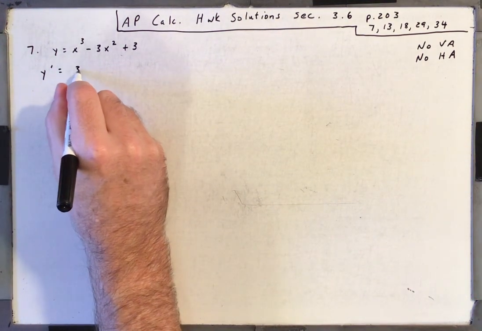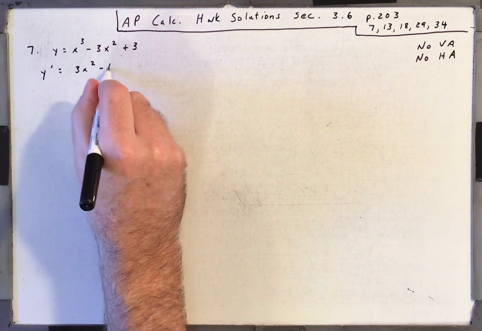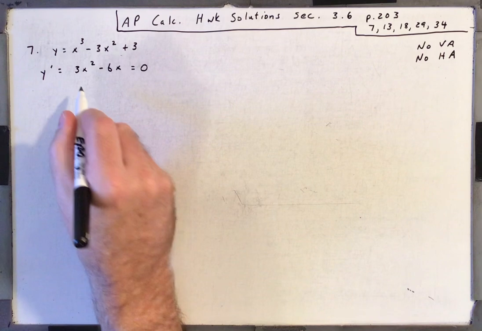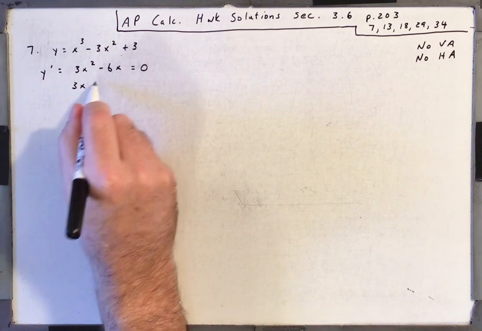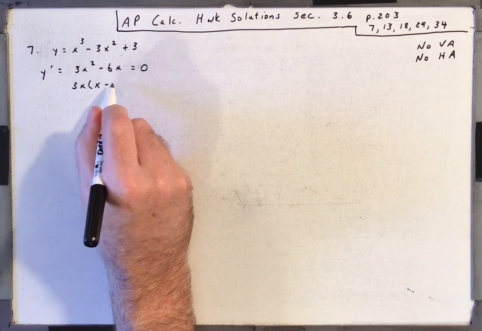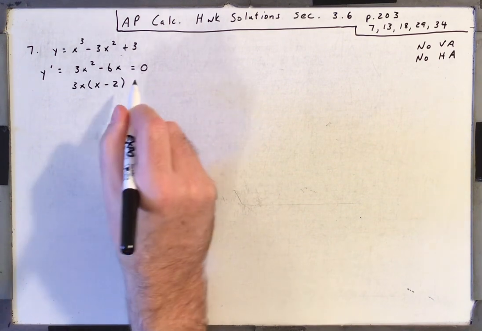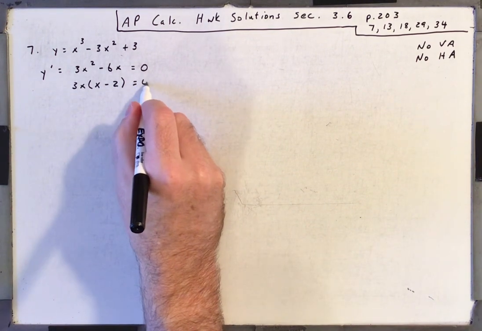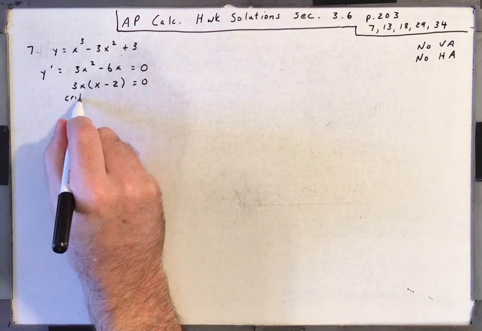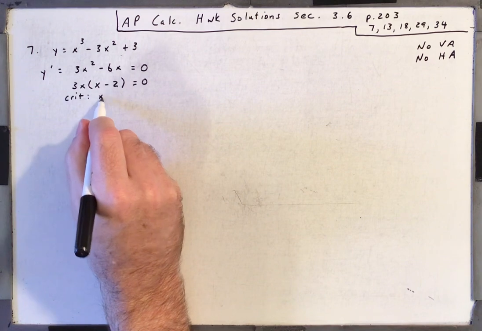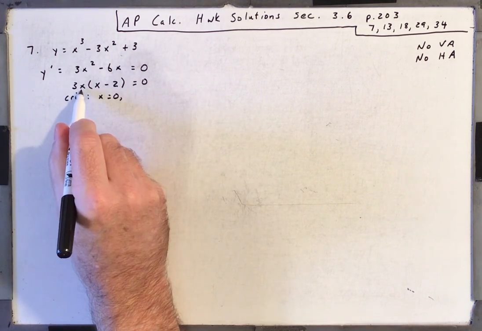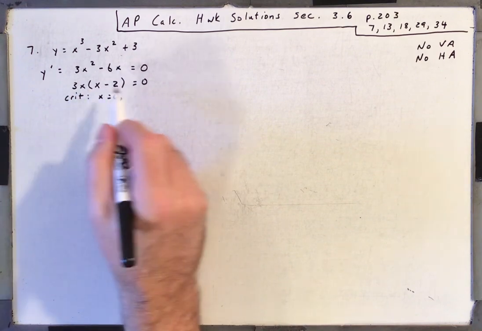Y prime is 3x squared minus 6x. I'm going to set that equal to 0. Let's factor out a 3x, and we would have x minus 2 equals 0. So our critical points are going to be at x equals 0, plug in a 0 right there, that makes the whole thing 0, and 2.